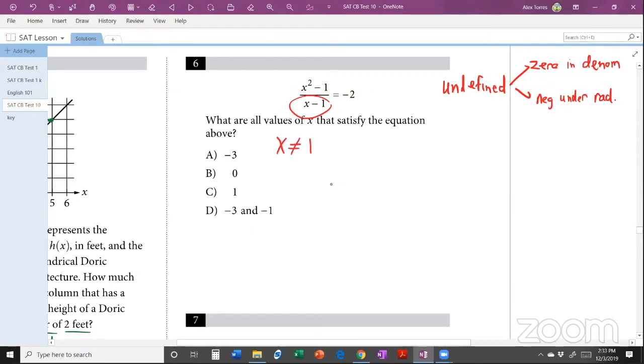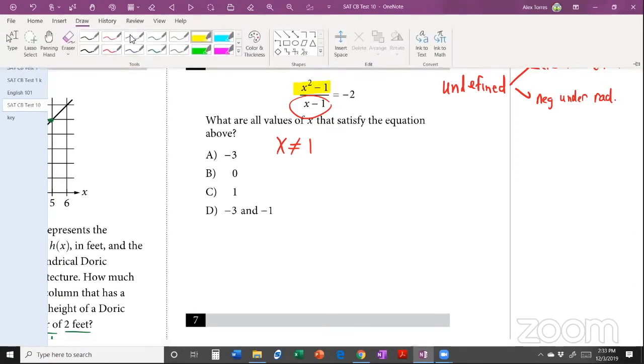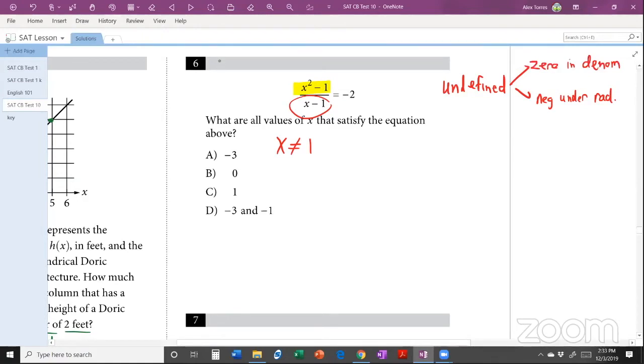But aside from that, what else can we do? X squared minus 1 right here is a difference of squares. So you're supposed to know going into an SAT that a squared minus b squared is a difference of squares. It has a minus sign. That's our difference, because subtraction is called difference in math, right?